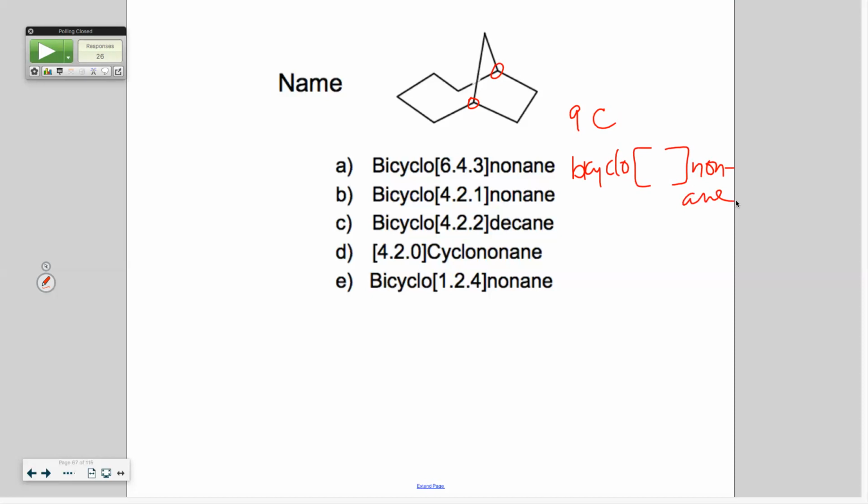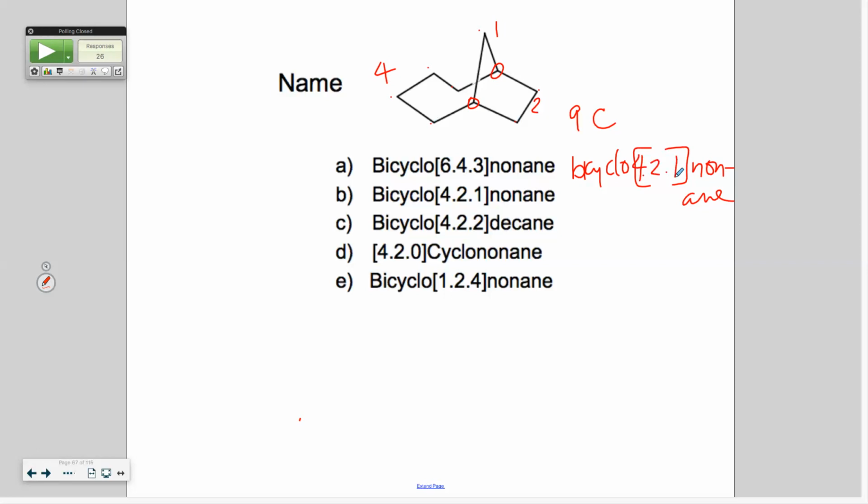Okay, and what goes in the square brackets? You count how many carbons are in each bridge. This one's going to have 1, 2, 3, 4. This one has 1. And this one has 2. And you put them in 1, 2, 4 or 4, 2, 1? 4, 2, 1. I told you I had nothing to do with any of those rules.